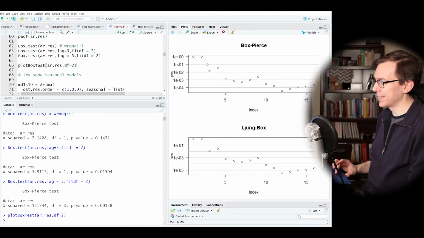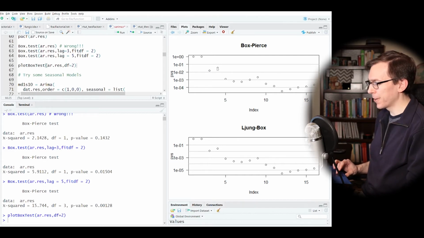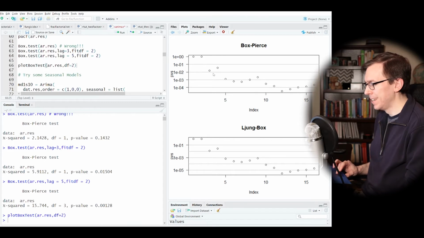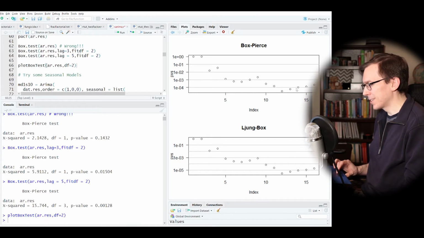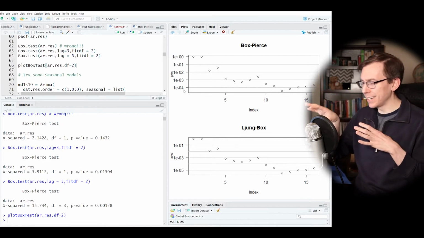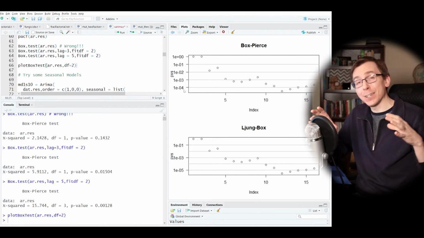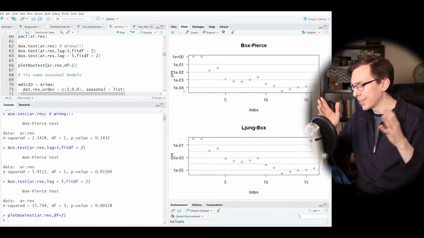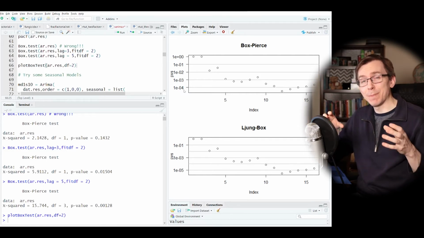What we see is that if we do 3 or 4, we get p-values above 1%, but then quickly they drop to about 1 in 1,000, then about 1 in 10,000 as we increase the lag. So it is pretty clear that these p-values are getting very small as the lag increases, and there are some significant correlations in our residuals.